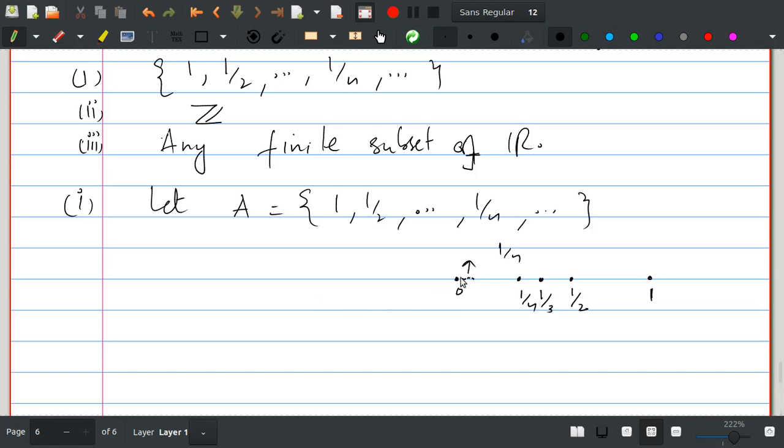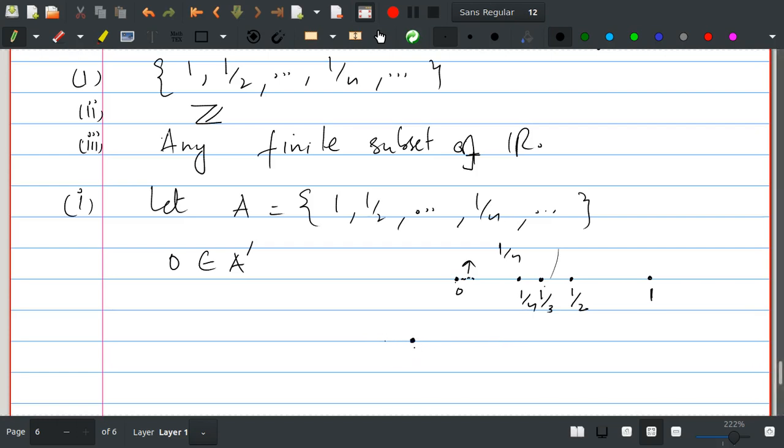So we claim this 0 is actually in the derived set of A, i.e. 0 is a limit point of A. But this is true only when each open set containing 0 has a non-empty intersection with A. Let us look at the basic open sets in R. Those are obviously the open intervals.